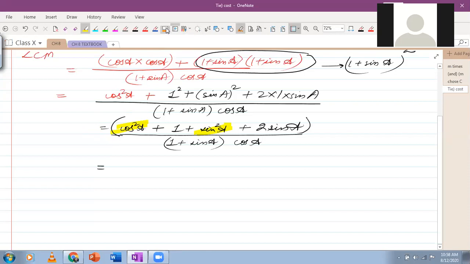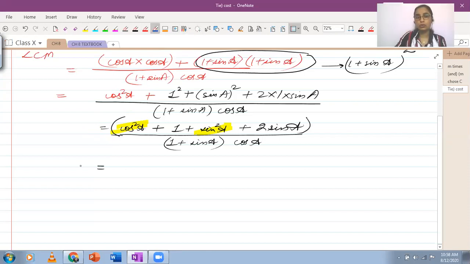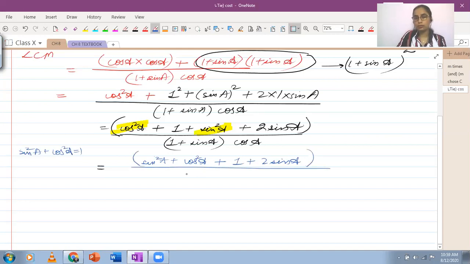Yes, we are going to apply identity on these two. So if you want, you can write down for yourself that sin square A plus cos square A equals to 1. You can either write this, or I'm just going to reorder these. I'm going to write them together: sin square A plus cos square A. The terms which I've highlighted, I put them together, and I'm taking the other two at the end. 4 terms थी, मैंने 4 की 4 terms लिखी हैं, सिर्फ उनका ऑर्डर चेंज किया है.